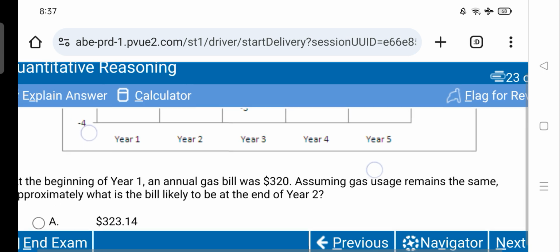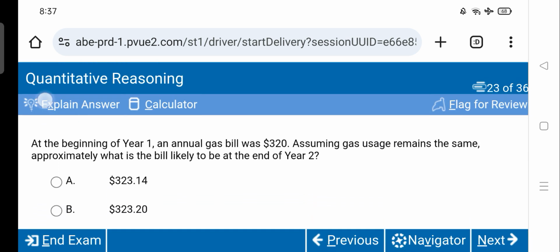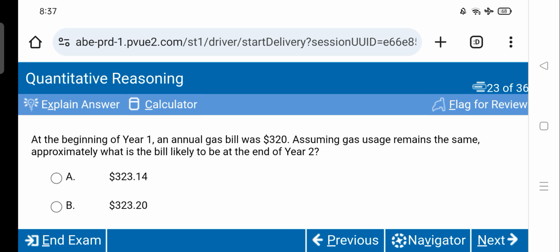The question is that at the beginning of year 1, an annual gas bill was $320, assuming gas usage remains the same. Approximately, what is the bill likely to be at the end of year 2?